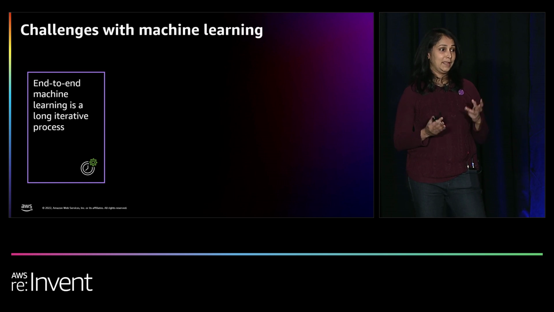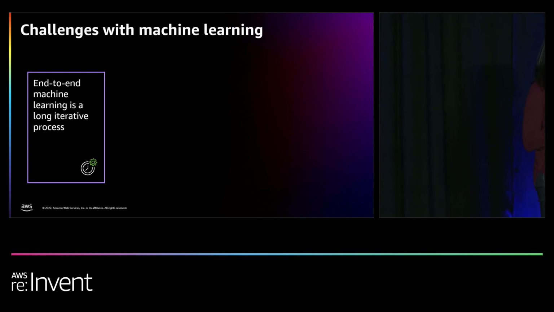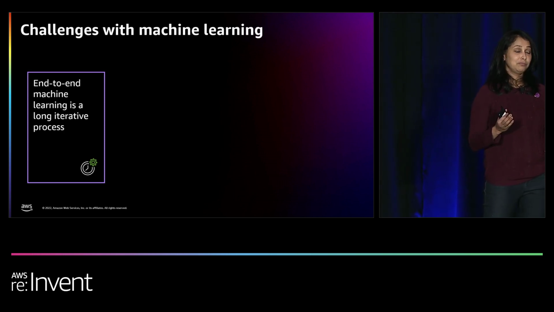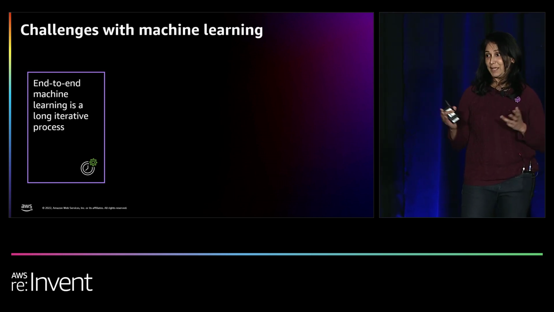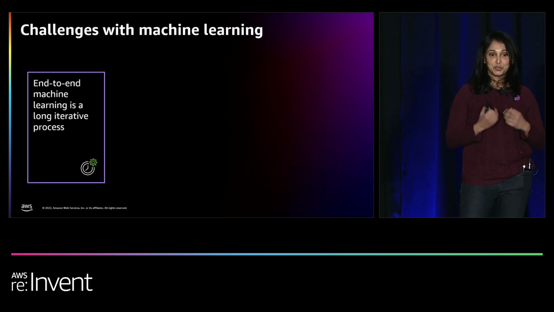So let's look at what an end-to-end machine learning workflow typically looks like. So you first start by preparing your data set for training. And your data is usually not always in the same location, right? It's usually spread in silos across your organization, and you need to ingest it from multiple sources. So you ingest your data from multiple sources, then you prepare and clean your data. Now it's ready for training.